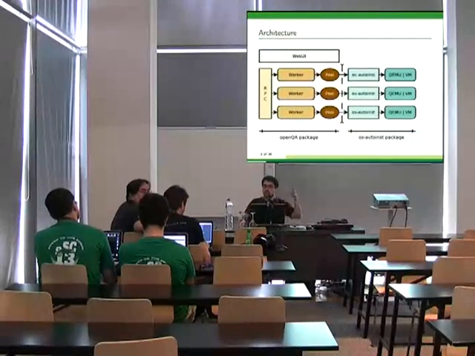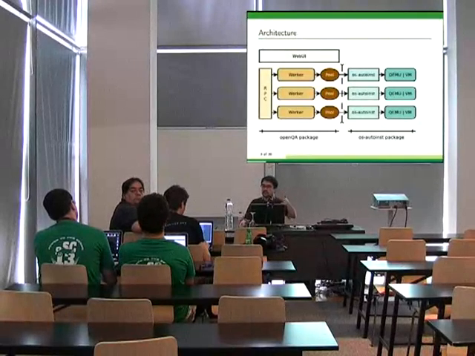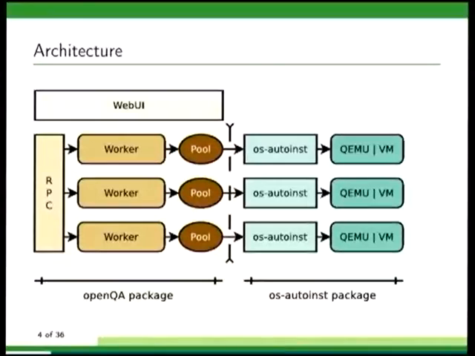We have some change in the user interface. We have some change in the core of the test, mainly related with the way that we analyze the image, and we have some change in the way that we communicate with the virtual machine.